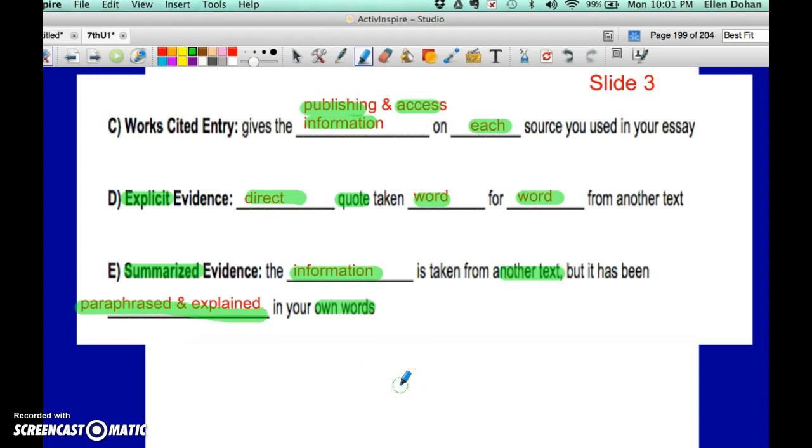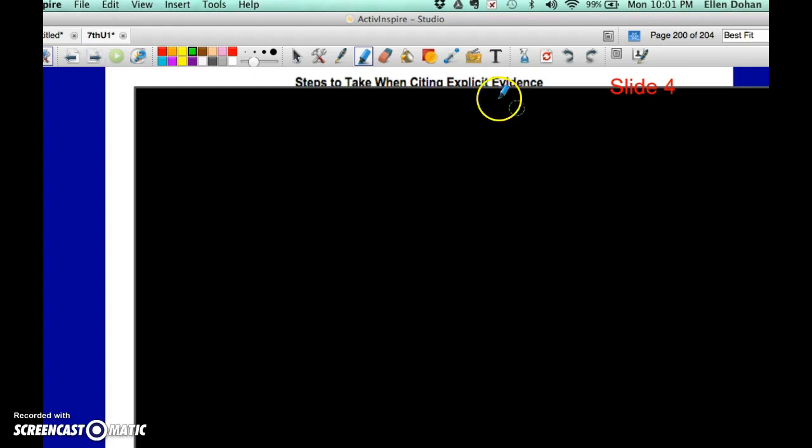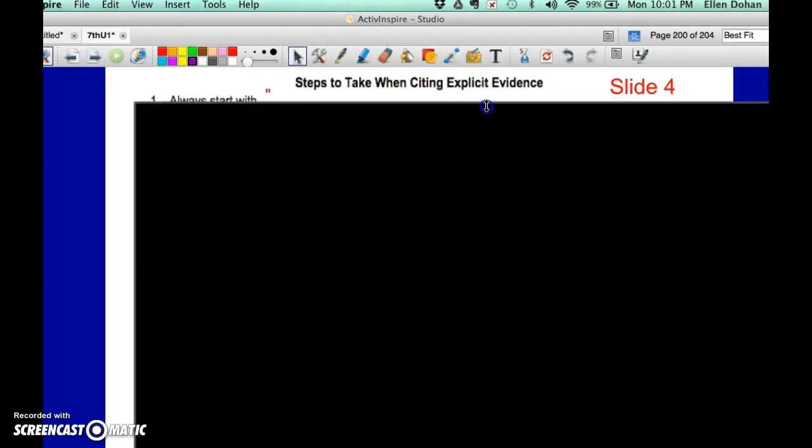So right now we're done with the definitions for citations and works cited. Now we're actually going to move into the steps that you use in order to give credit to an author in your writing. So we're going to skip down just a little bit to the steps when citing explicit evidence.